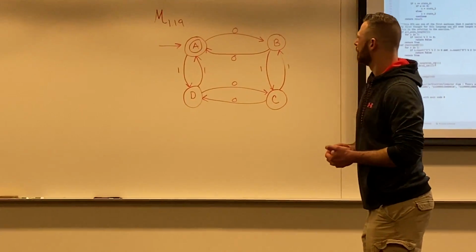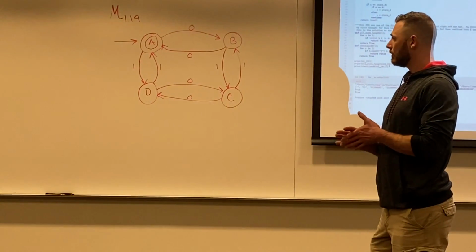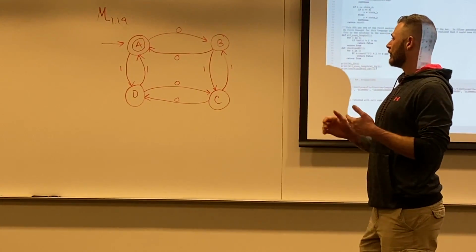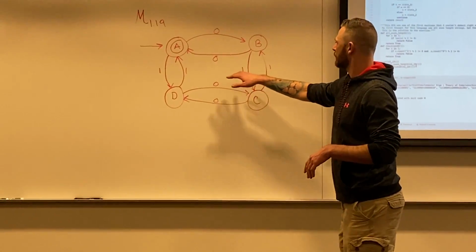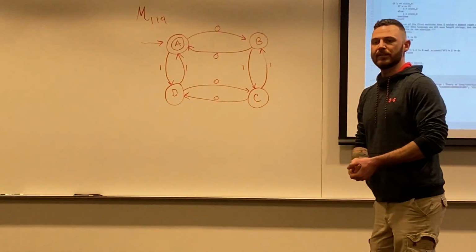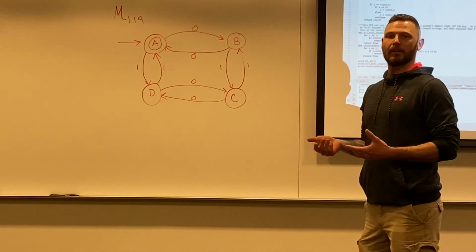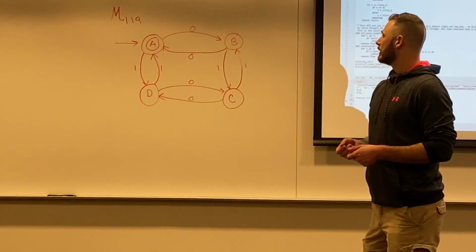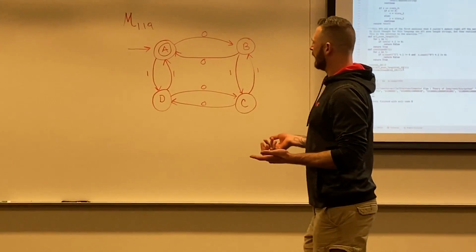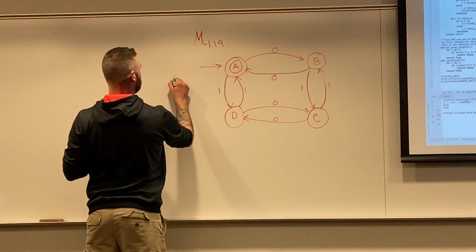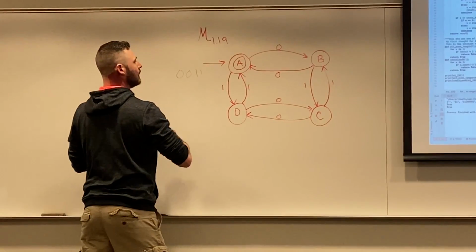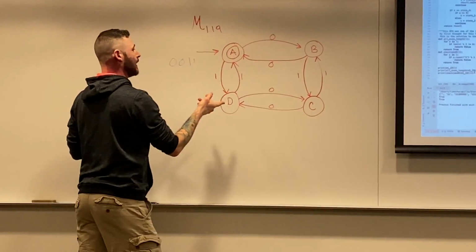So my initial thought right off the bat is that I see the zeros and ones are kind of symmetric in this way. So my initial thought was maybe it's the same amount of zeros and ones. So checking that, say we had 0, 0, 1, 1, we accept.